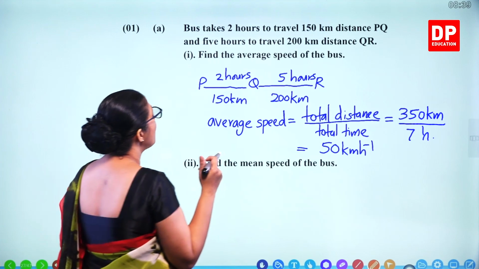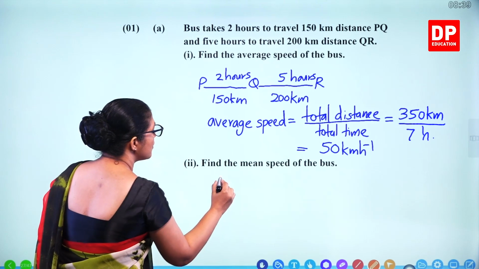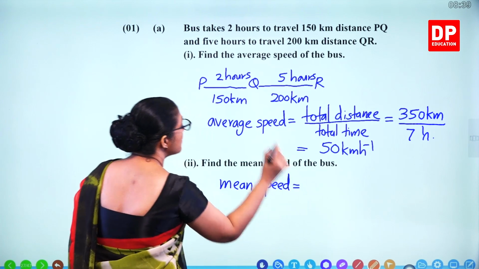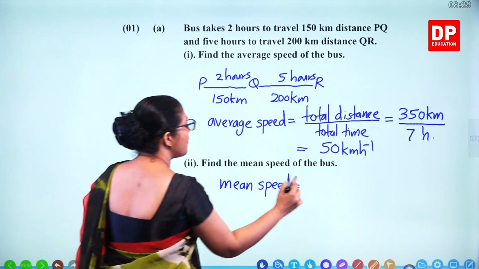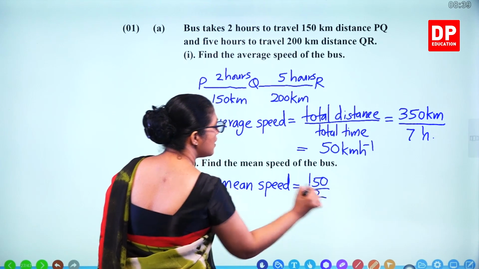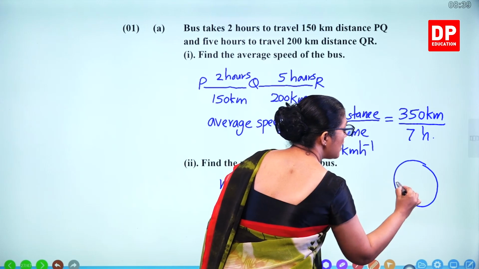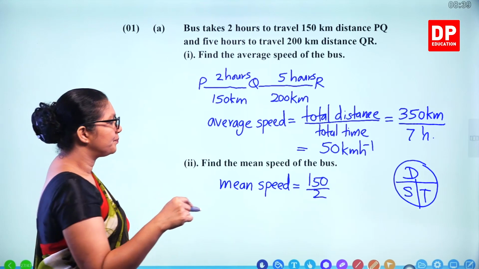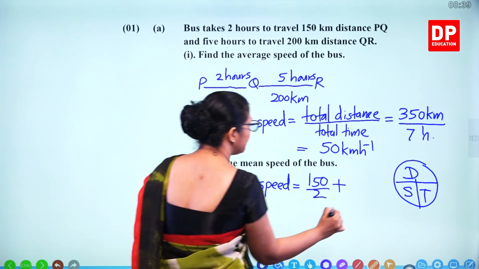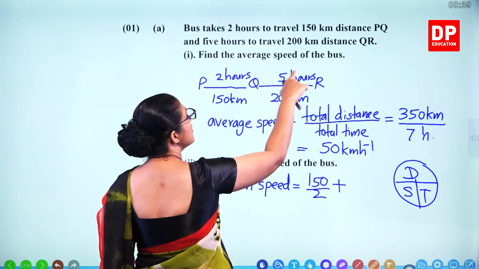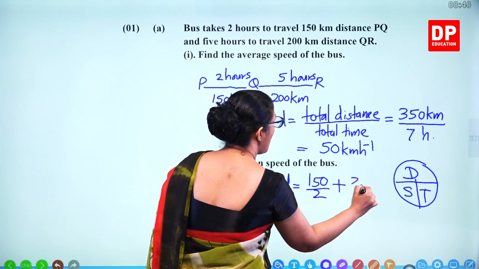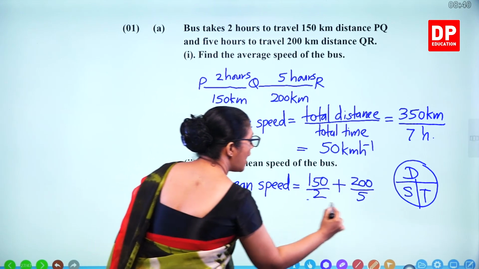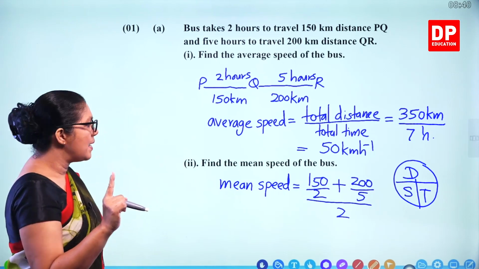So mean speed is equal to the speed of the first part, 150 kilometers travelled within 2 hours, distance over time, plus the speed of the second part, 200 kilometers within 5 hours. Then we add these two and divide by 2.